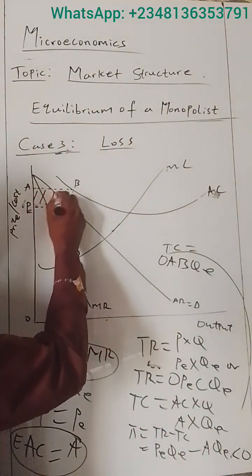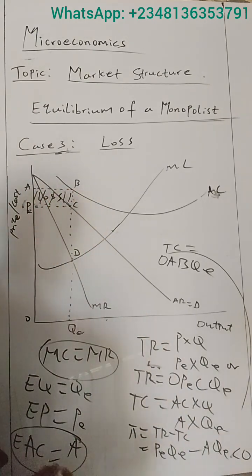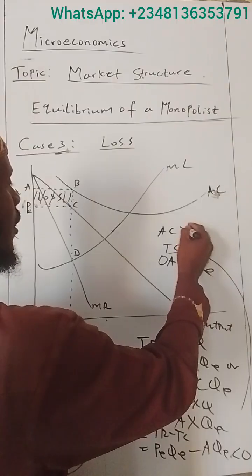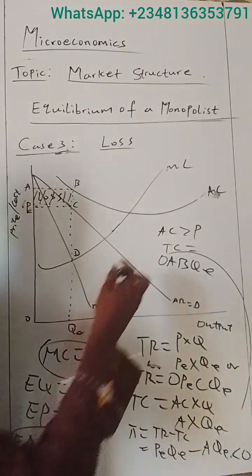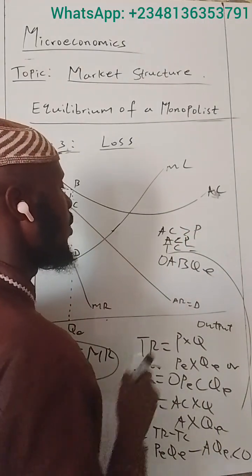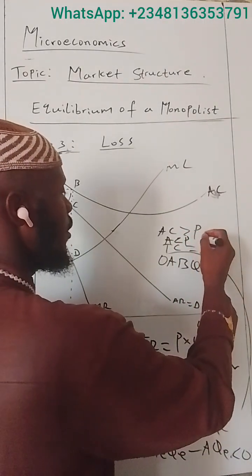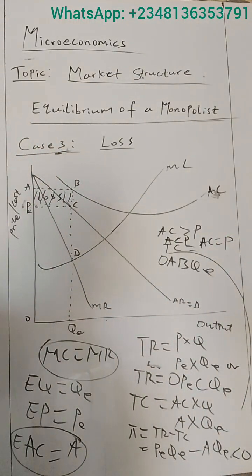This shaded portion here represents the loss of the firm. So the logic is that wherever AC is greater than P, the firm is making a loss. Wherever AC is less than P, the firm is making a profit. Wherever AC is equal to P, the firm is making a normal profit, also known as zero profit.